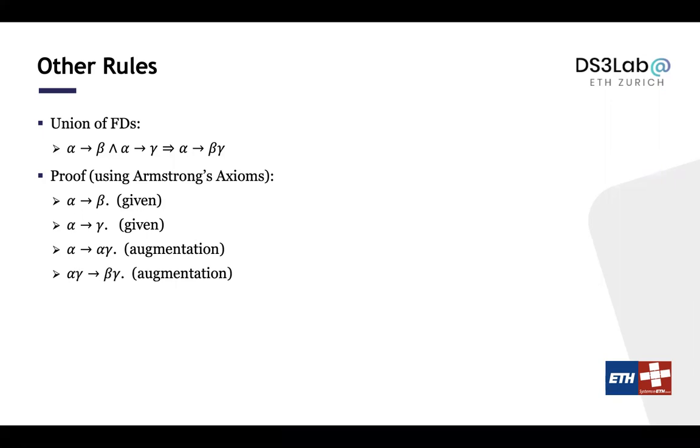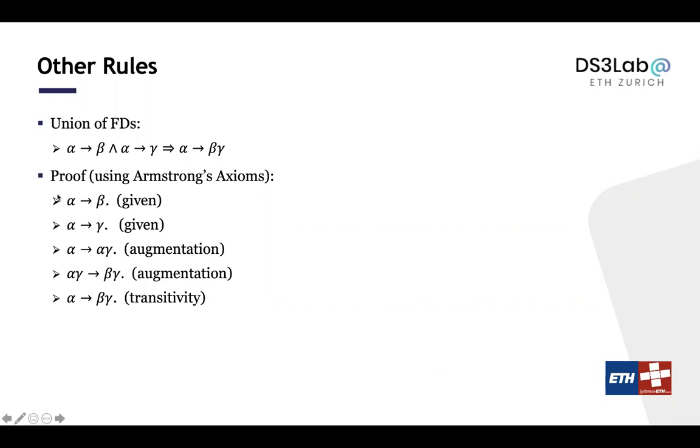Then you can do another augmentation of the first functional dependency: you take alpha to beta and augment it using gamma, putting gamma on both the left-hand side and the right-hand side. And you take the third one and the fourth one, and you apply transitivity. Then you have the functional dependency from alpha to beta gamma.